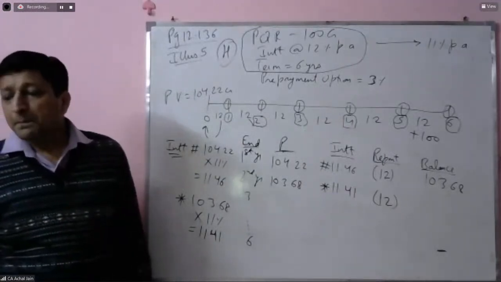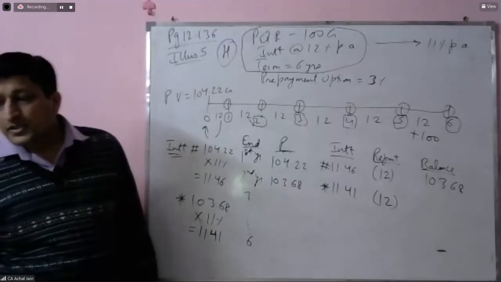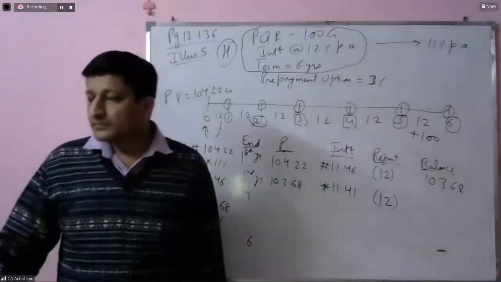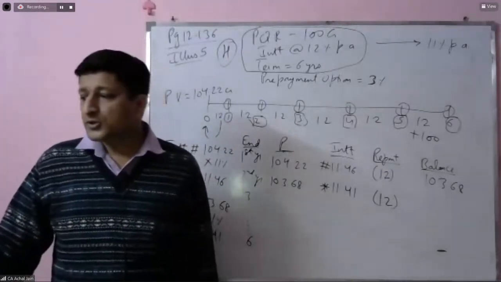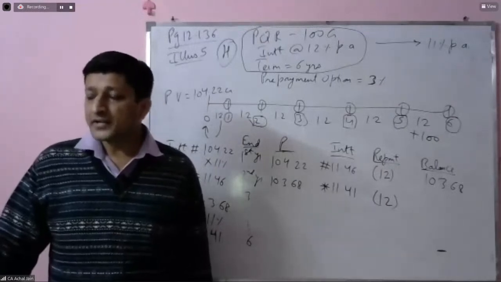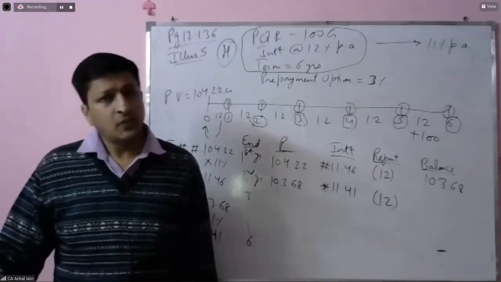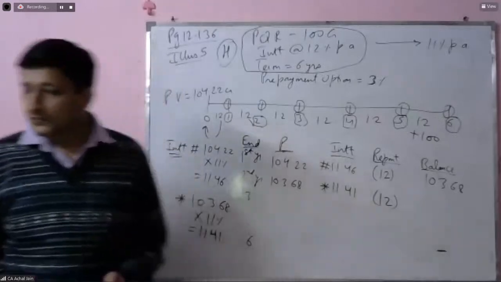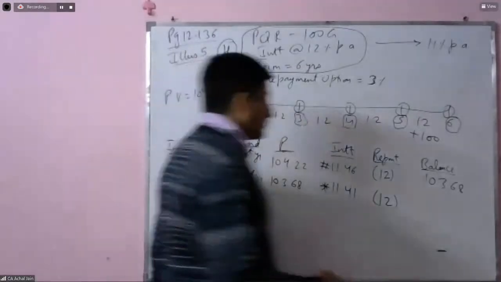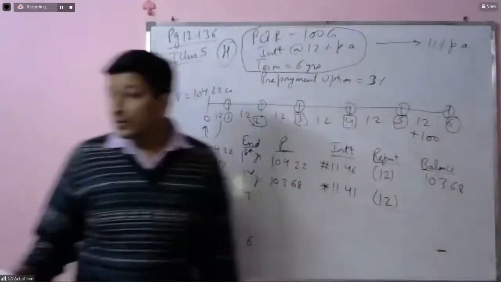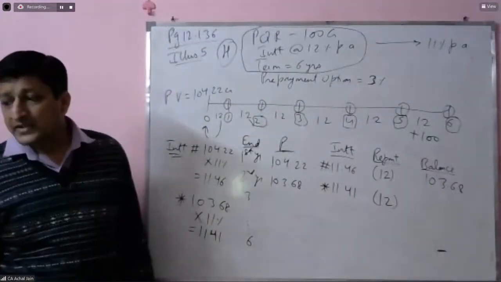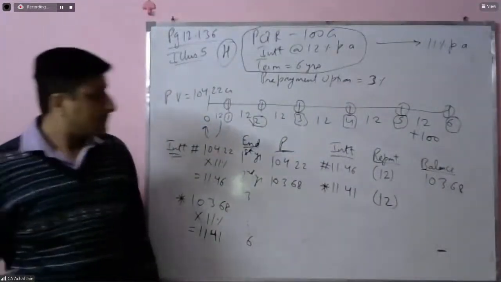Now we need to compare the exercise price of the prepayment option with the amortized cost of the host debt instrument. If we look at all of these years, what has been the balance?